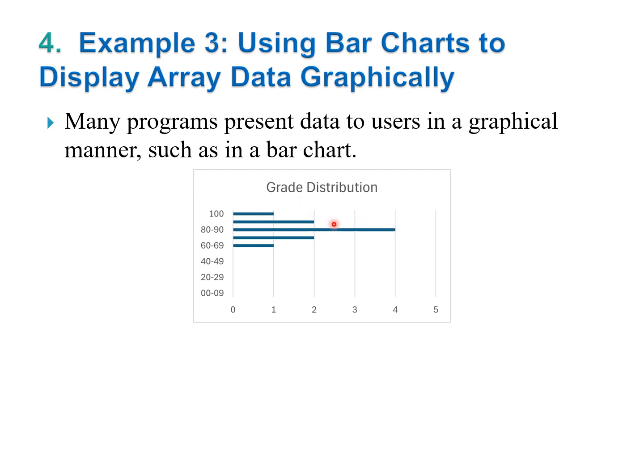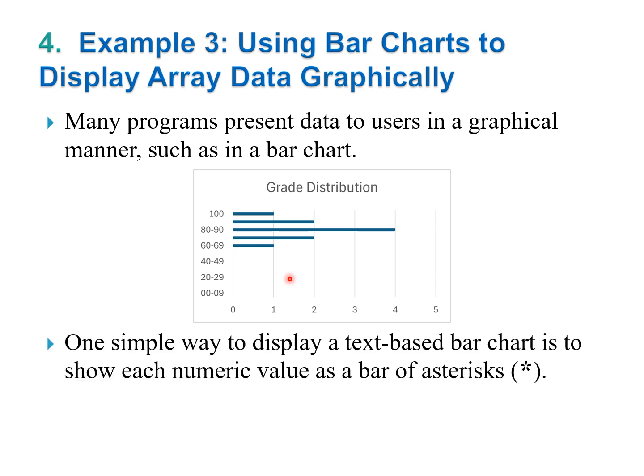But for now, we have not learned enough Java features to write a Java program that displays a bar chart like this. But there's a simple way to display a text-based bar chart, that is to show its numeric value as a bar of asterisks or stars.